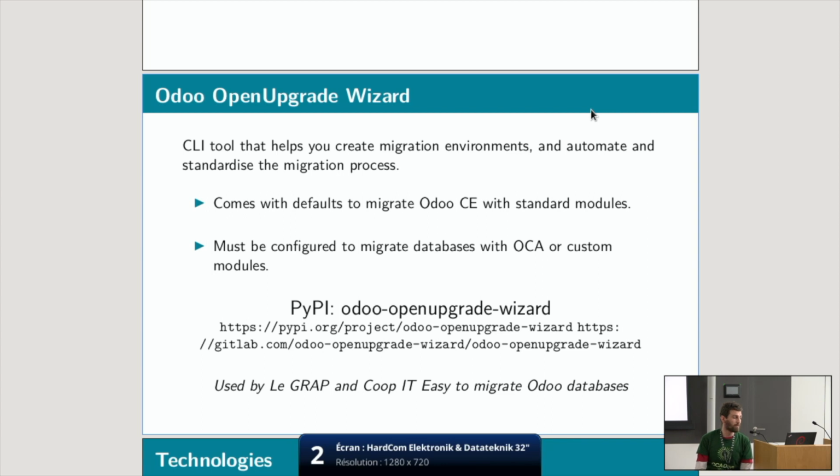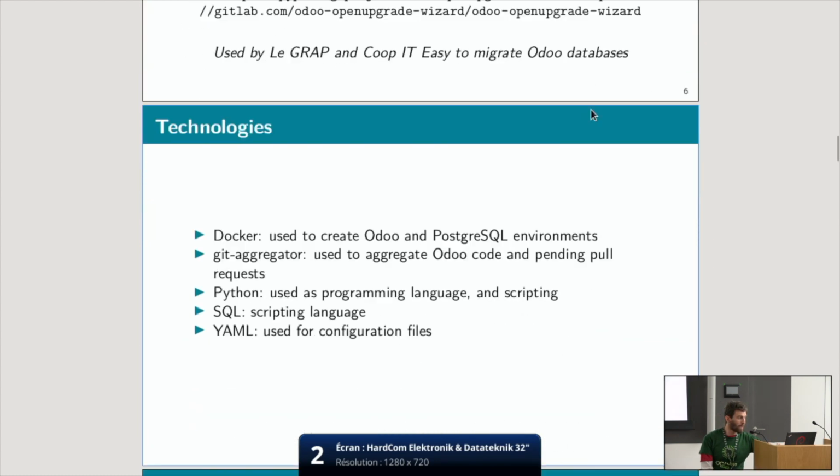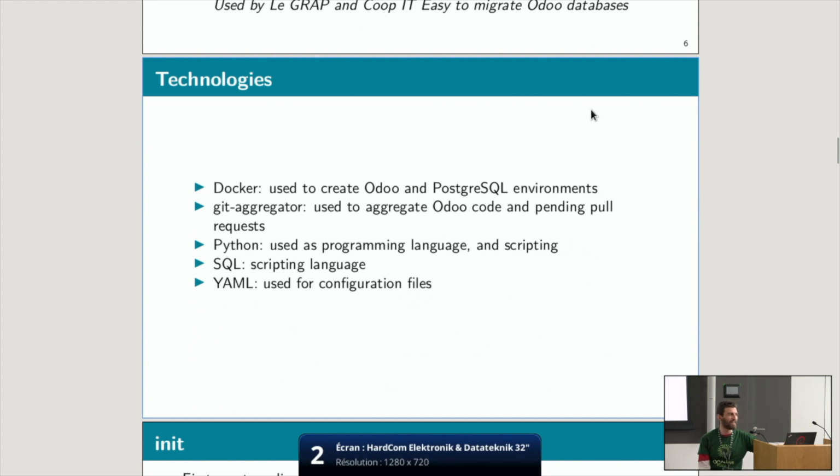It's on PyPI, and the code is on GitLab, so the link is on the screen. It's currently used at Coop IT for migrating our clients' databases and at the GRAP.